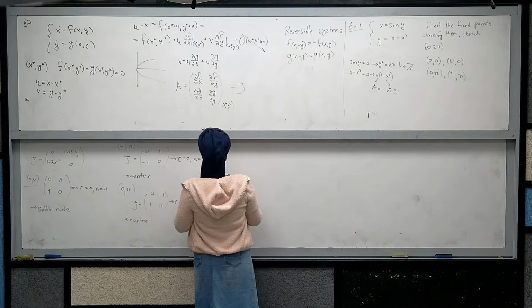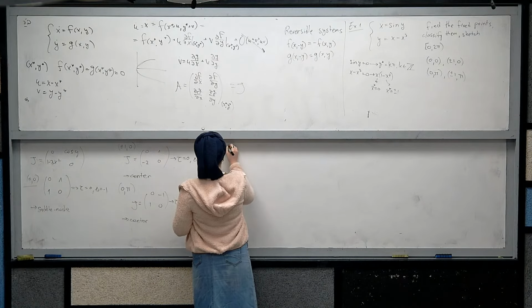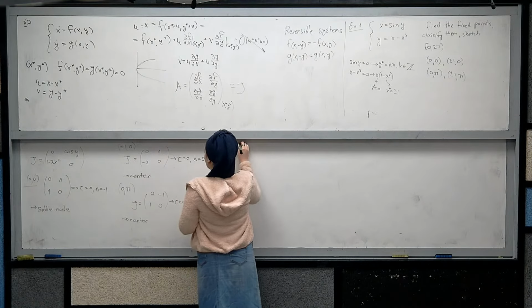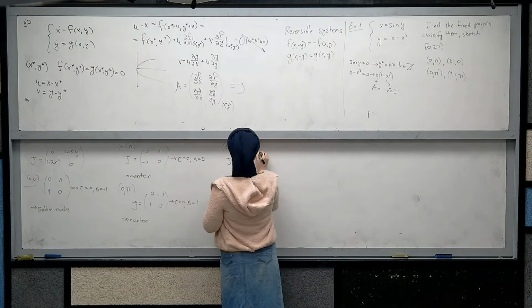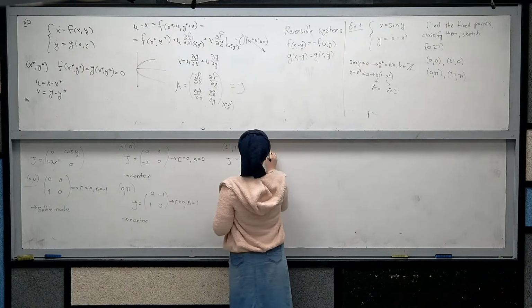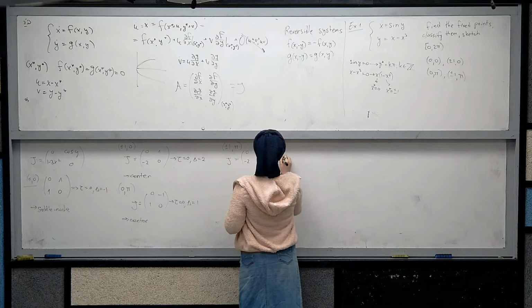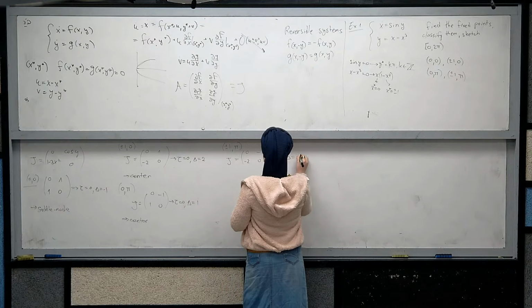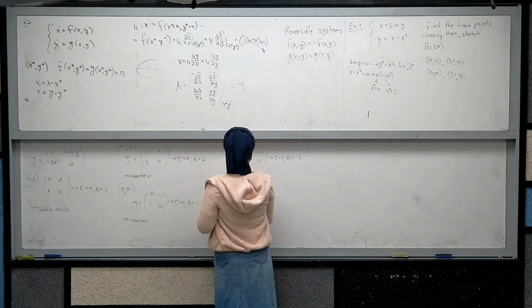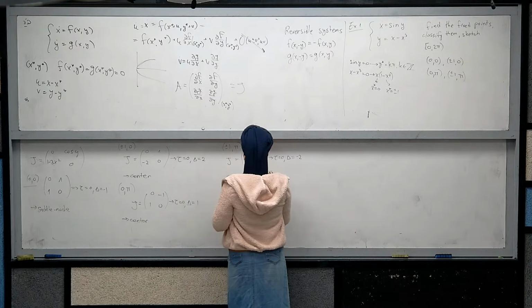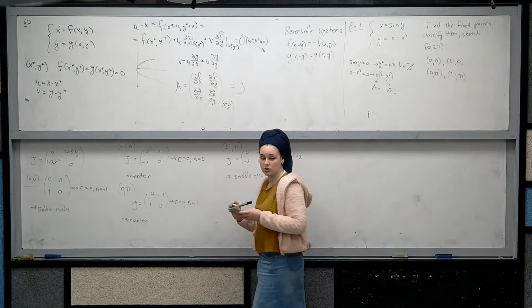And for plus minus 1 and pi, the Jacobian will be 0, minus 1, minus 2, 0, tau is 0, delta is minus 2, and again a saddle node. Okay, questions?